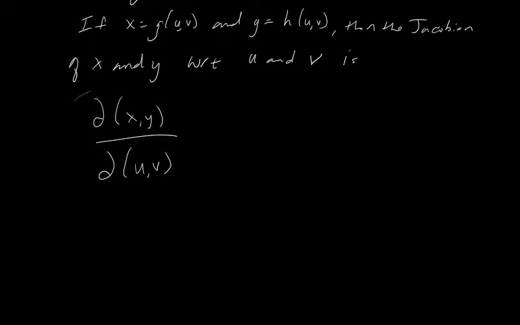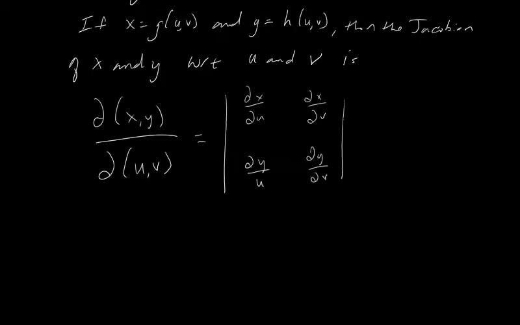This is literally the notation for the Jacobian. That is equal to the determinant of the partial of x with respect to u, partial of x with respect to v, partial of y with respect to u, partial of y with respect to v.